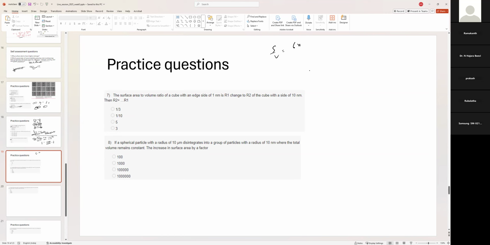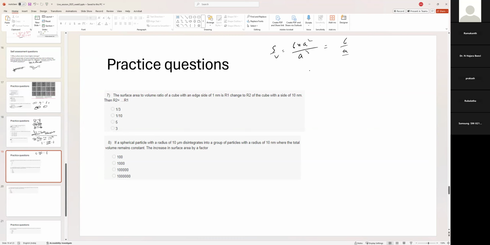It's equal to 6 times the surface area of each face. There are 6 faces, each face is a squared, and volume is a cubed, so you get 6 over a. So it's inversely proportional to the size, the edge length.